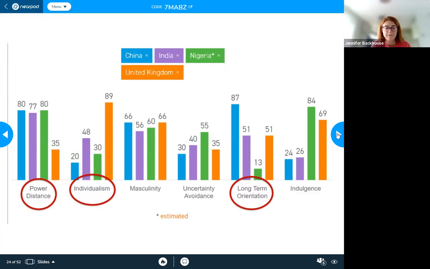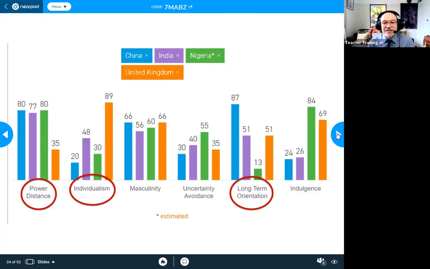Those kind of countries, looking at that masculinity scale, are also very feminine countries. Denmark, Norway, Sweden, they score very low on masculinity, very high on femininity, and their power distance is extremely low.